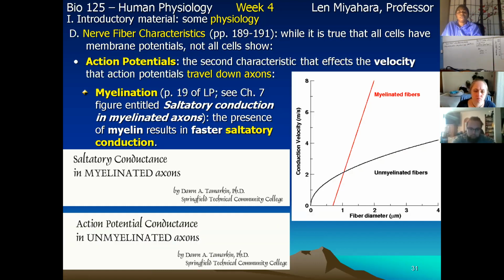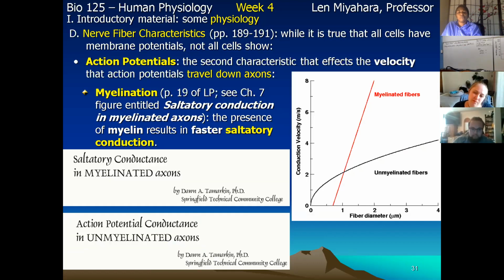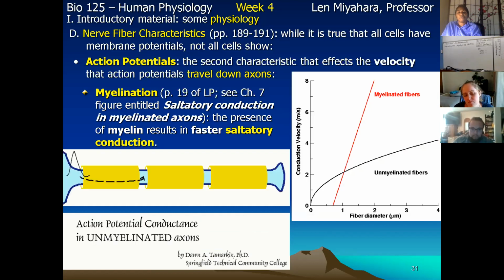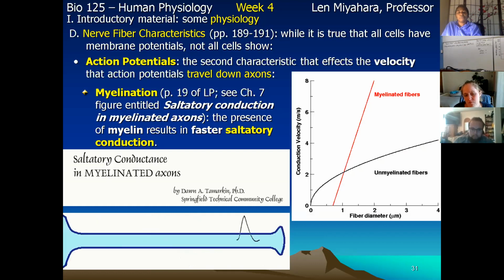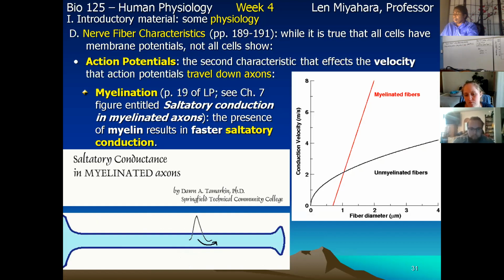All right. So with unmyelinated fibers, yes, increased axon diameter will slightly increase the speed. But if it's myelinated, you get wider axons and boom, it really increases the speed. Everybody see that in that graph, bottom right?